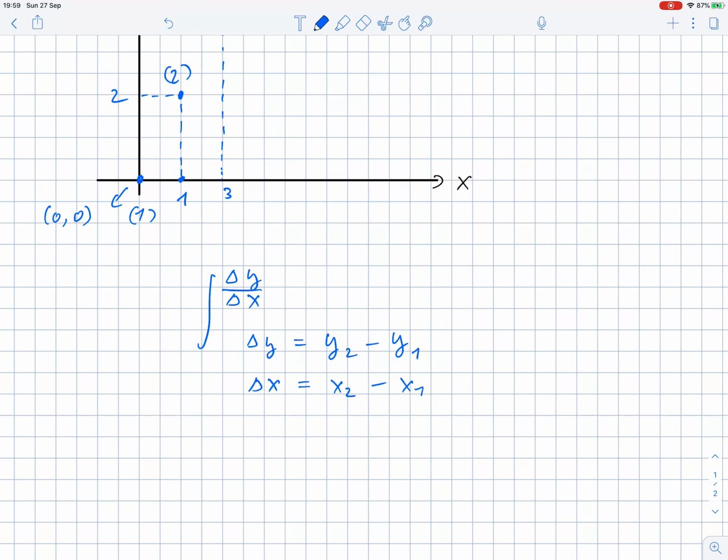So from here we have that delta y over delta x equals y2 minus y1 over x2 minus x1. Soon we will understand what this ratio means.